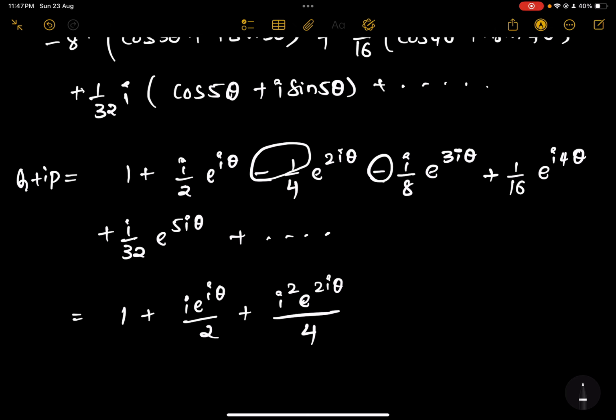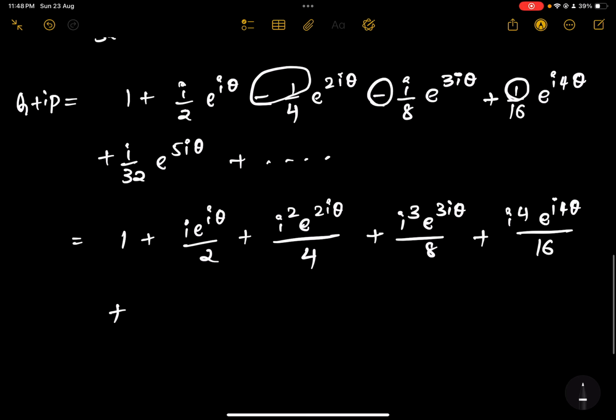And this minus sign, I'll write as i cube: i cube e to the power 3i theta upon 8. Plus this 1 can be written as i to the power 4 e to the power 4i theta upon 16. This i can be written as i to the power 5 upon 32 e to the power 5i theta. See how beautiful it is.